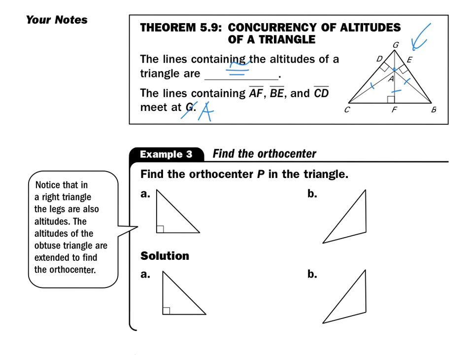It says find the orthocenter P in the triangle, and obviously in this one I'm going to label it A, B, C. This one I already have one, and this one is just this one, and then the third one I'll label as D. So the orthocenter is B, okay?